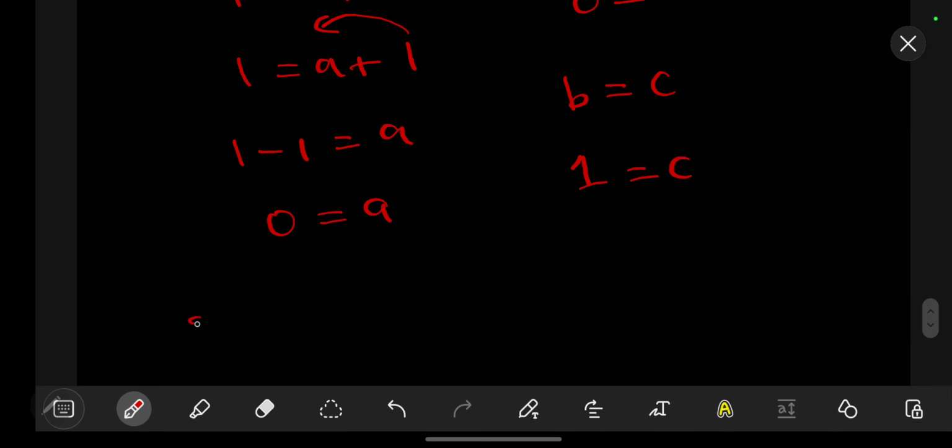So we have found our a to be equal to 0, b to be equal to 1, and c to be equal to 1.